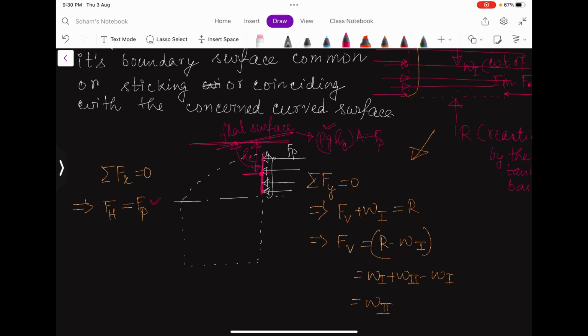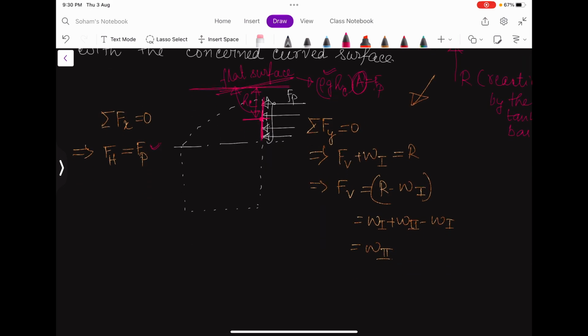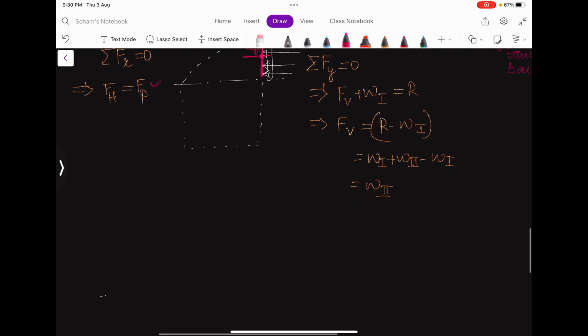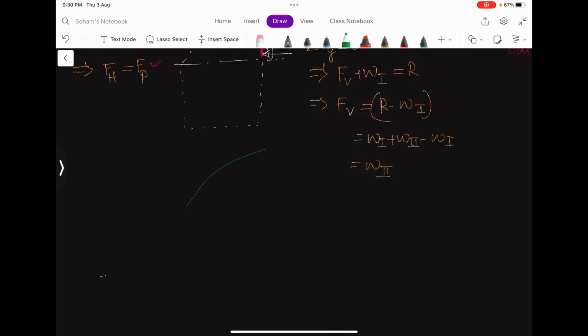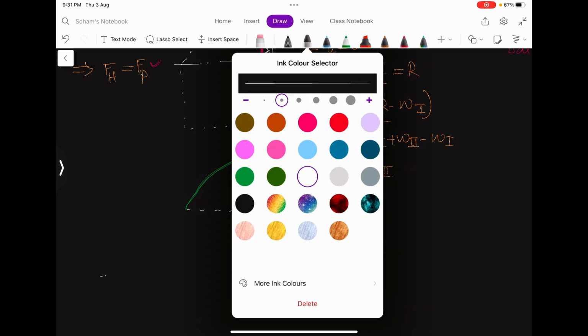And what about this area? Because I have only this curved surface. I am drawing again and again because everything is becoming clumsier. So I have only this curved surface, and my area is this one. How can I get this area?